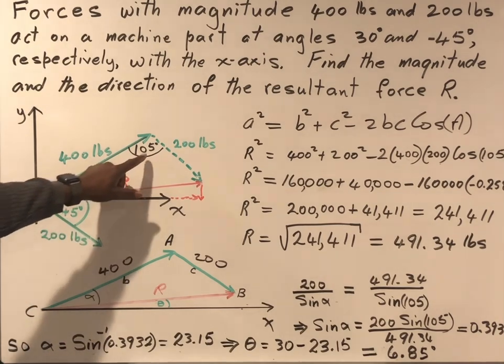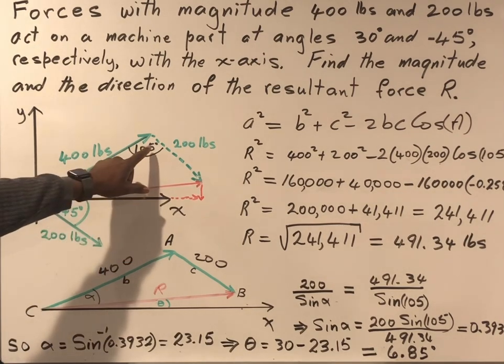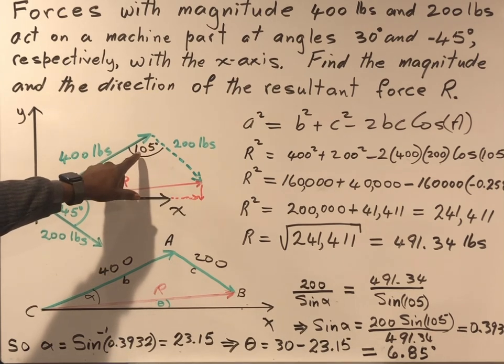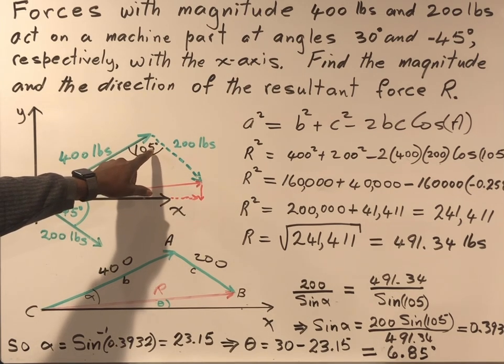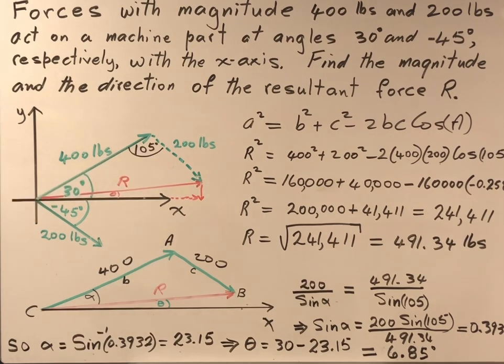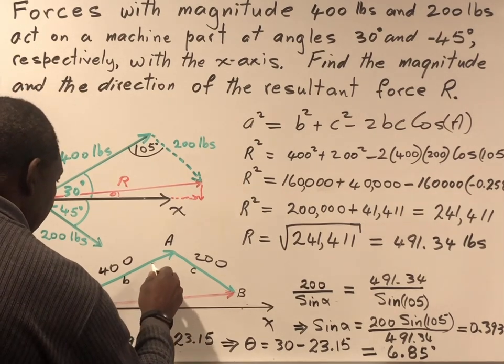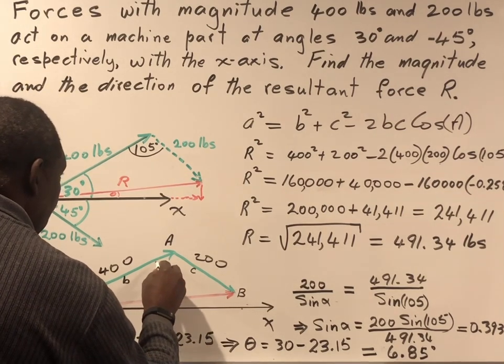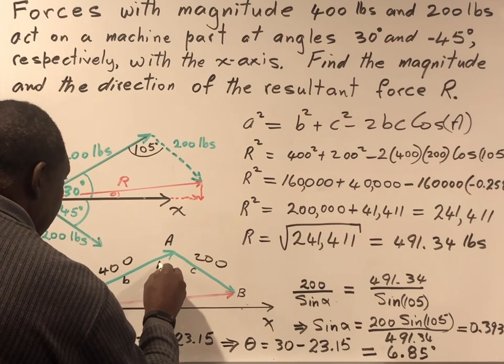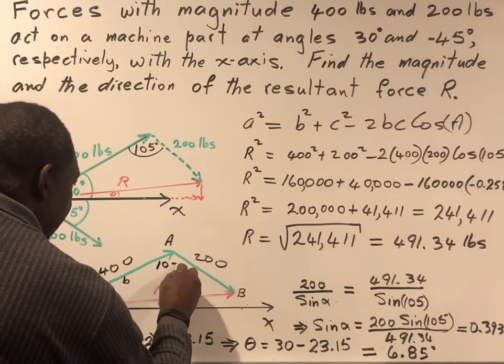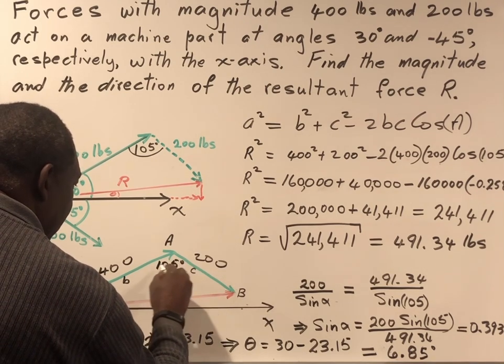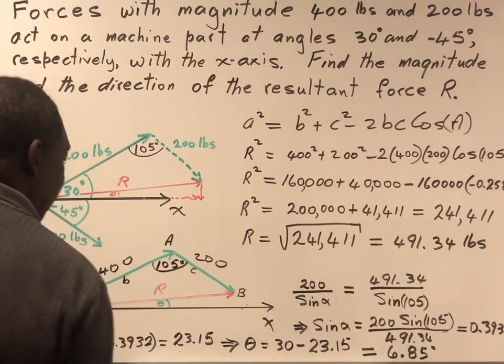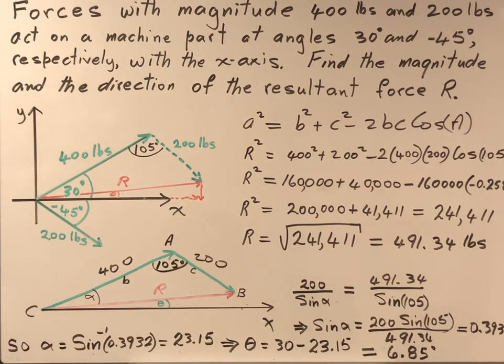And so the supplementary angle, which forms the obtuse angle in the triangle, is 105 degrees right there. So in our triangle, we have the 400-pound force, the 200-pound force, and this angle of 105 degrees that we are going to work with.